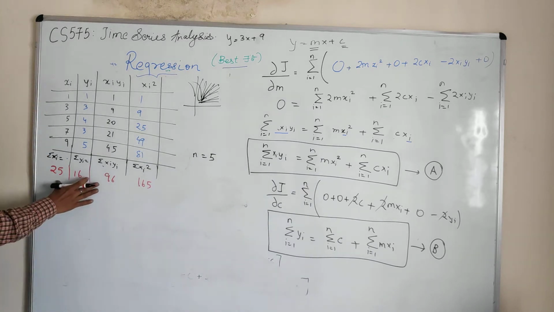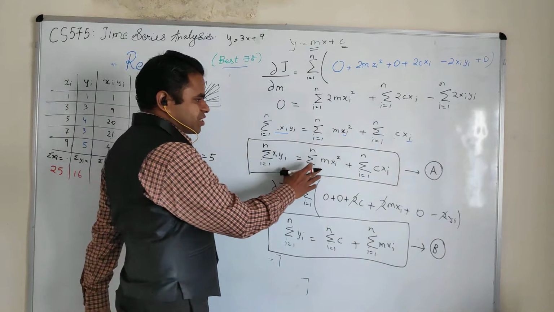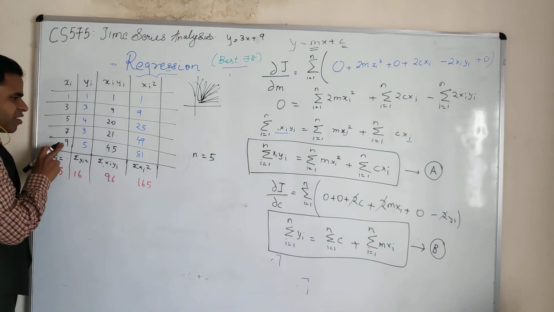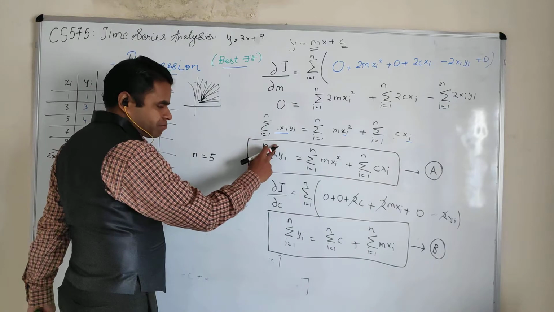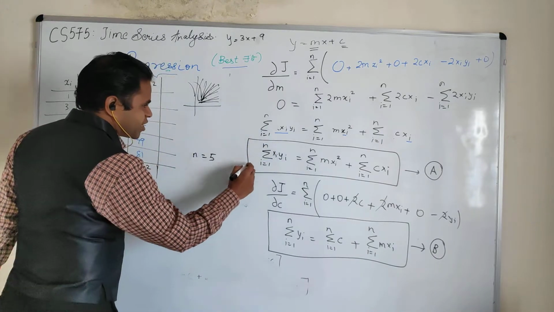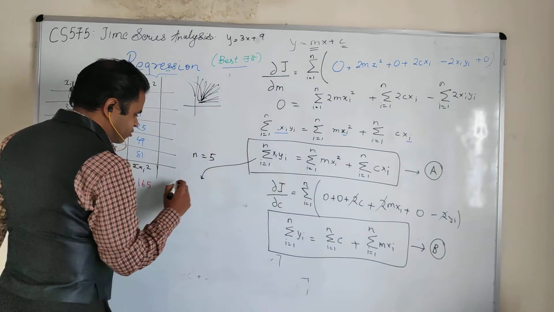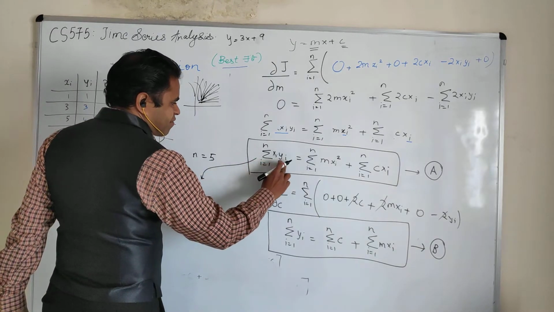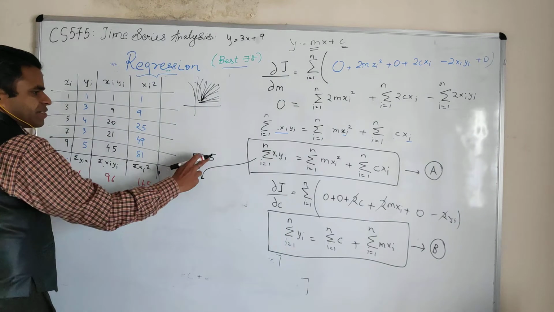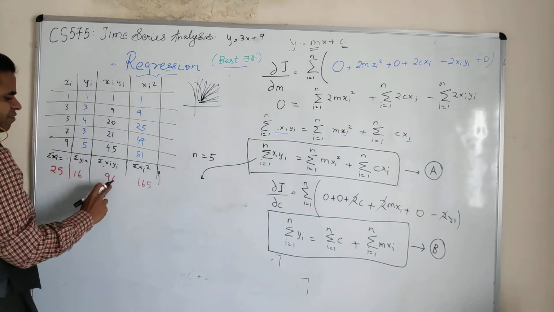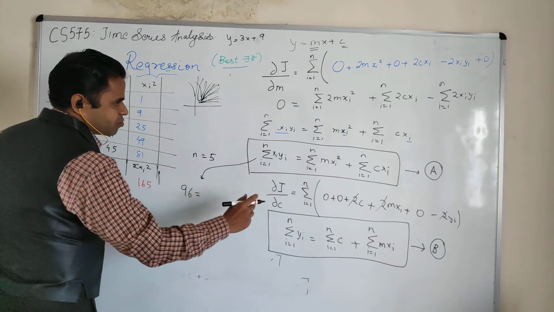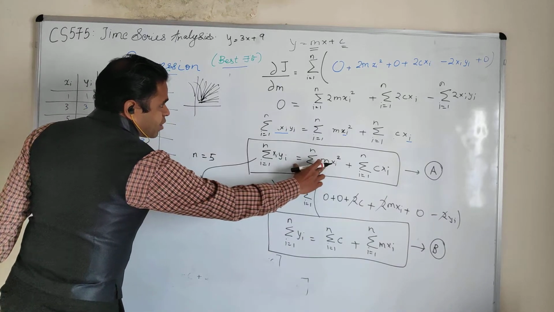Now we just need to put these values in these equations. Again, since we have 5 points, n is equal to 5. Let us take equation A and see what it reduces to. Summation xi yi, with i from 1 to n, that means 1 to 5, is 96. So 96 is equal to, see, m is a constant here.